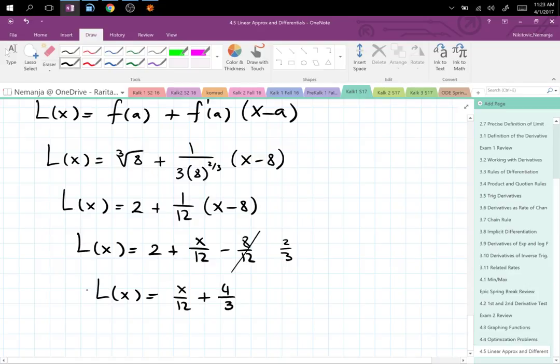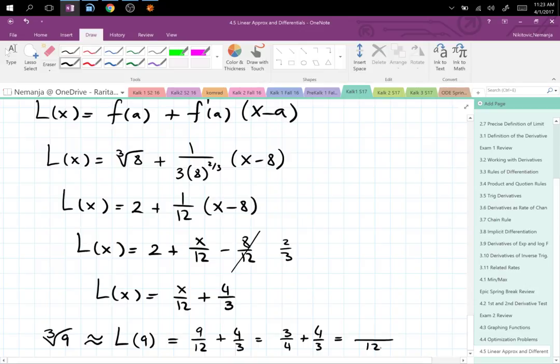And I want to compute the cube root of 9, right? So it is going to be approximated by computing L at 9, which is 9 over 12 plus 4/3. Cancel by 3: 3/4 plus 4/3. That's going to be 9 plus 16 over 12, which is 25 over 12.